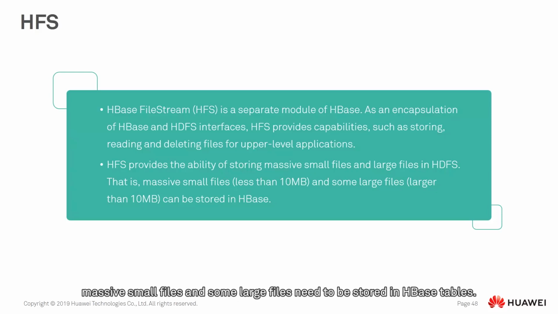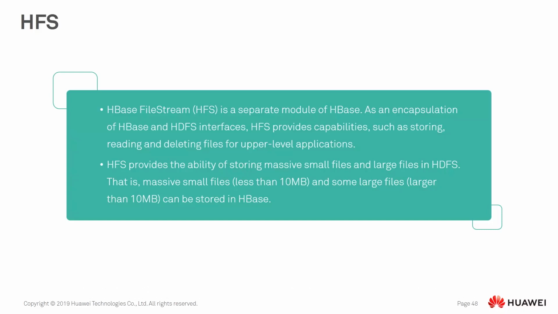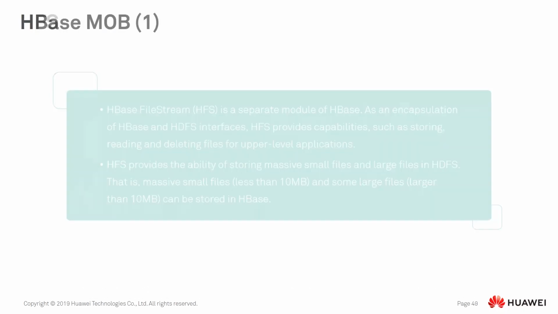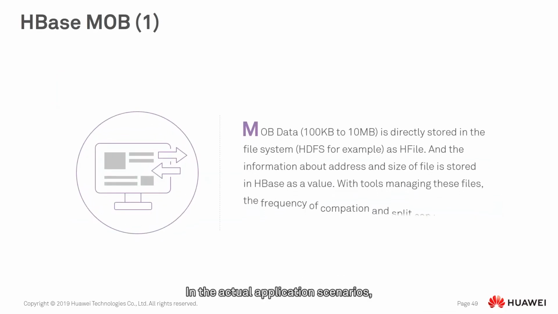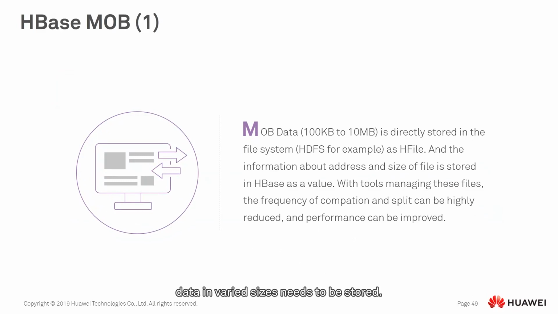Simply speaking, massive small files and some large files need to be stored in HBase tables. In the actual application scenario, data in various sizes needs to be stored, for example, image data and documents. Data whose size is smaller than 10 MB can be stored in HBase.